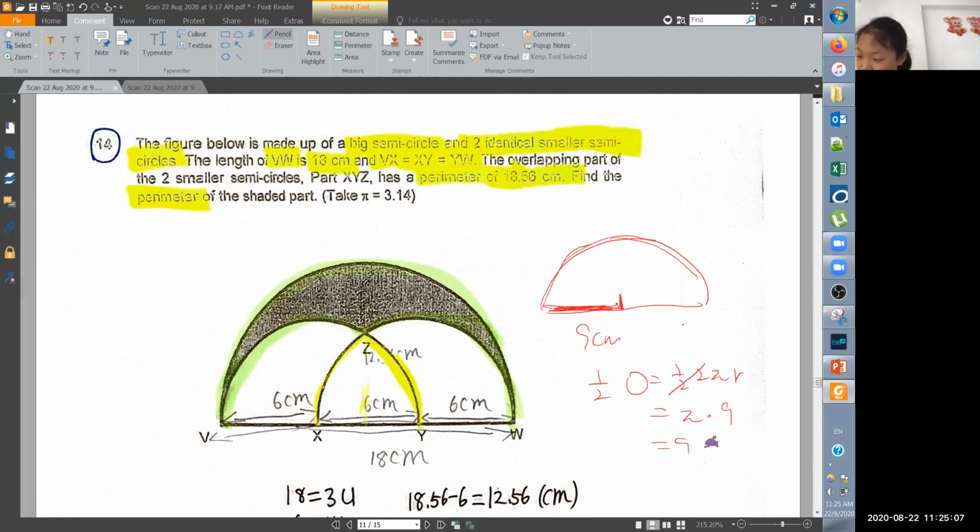So 9 pi. I put it in terms of pi first. Later on, then the final answer I will add.